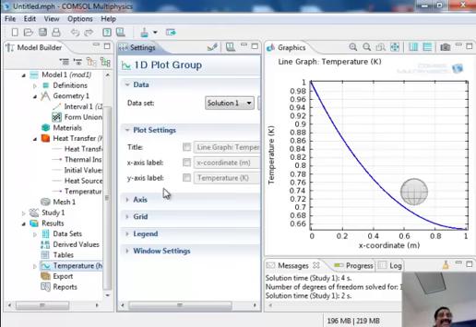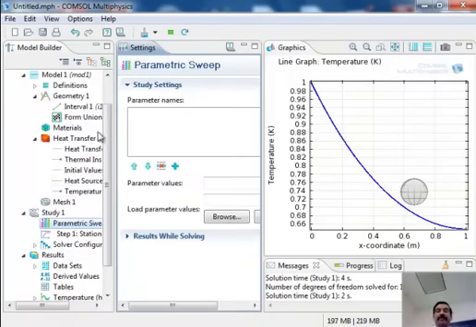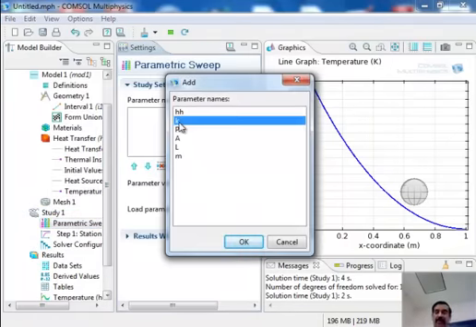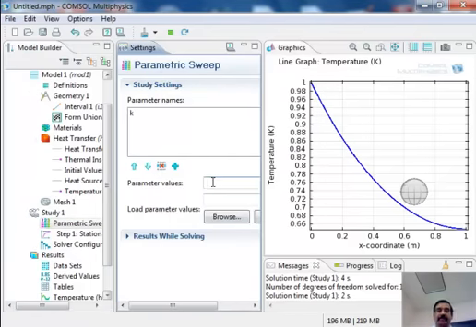So now if I change the values of the parameters, I can get a series of curves. For example, I go to study and I right click and there is something called parametric sweep. And you can identify a parameter. So for example, I'm going to change K. And then I tell what are the values I want to find. 1, 0.05, 0.01, 0.005, etc. So now I say go and recompute.